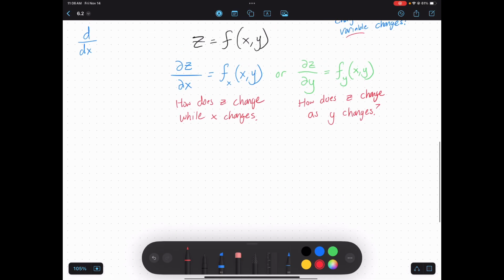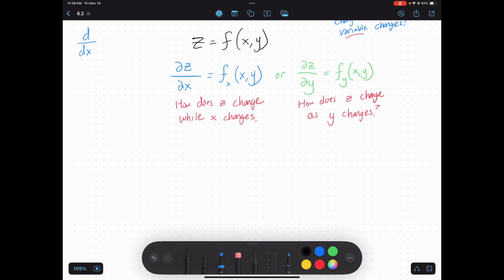But how does this work in practice? How do I take a derivative in terms of x that also includes an independent variable y? Well, if we're taking the derivative in terms of x, we're assuming x is changing. But if we're focusing on x, then we're going to assume that y is not changing. So the big idea with my partial in terms of x is we're going to treat y, or really all other independent variables, as a constant.